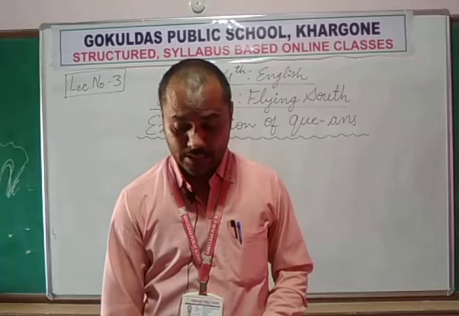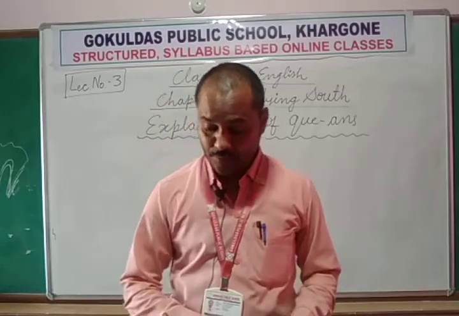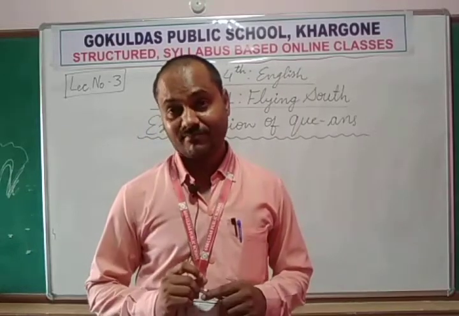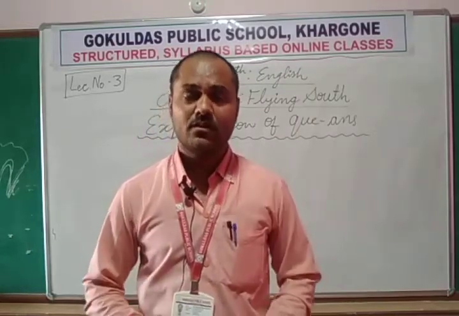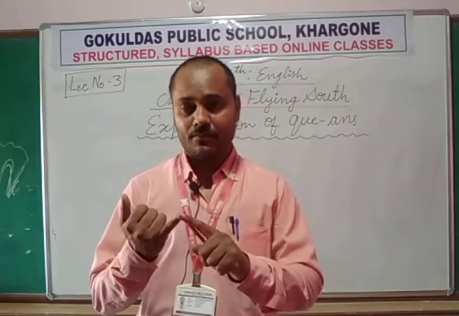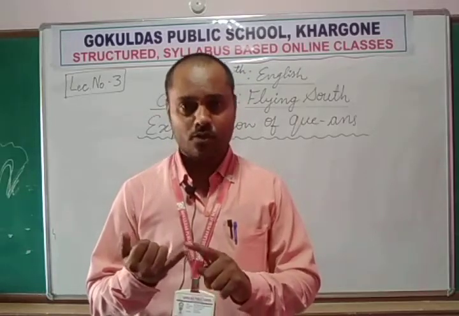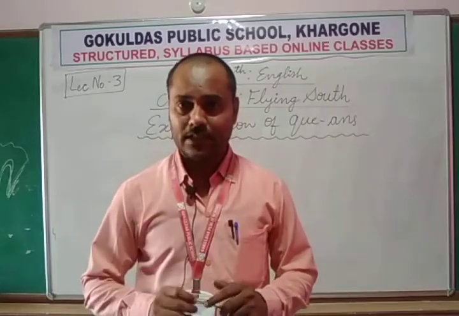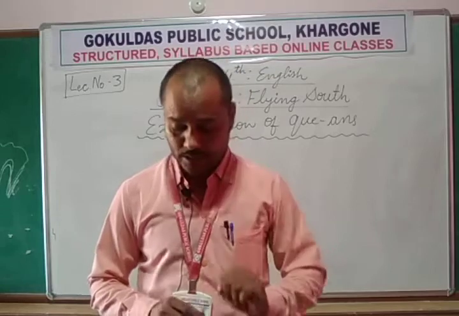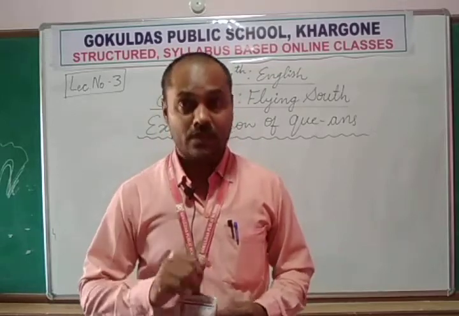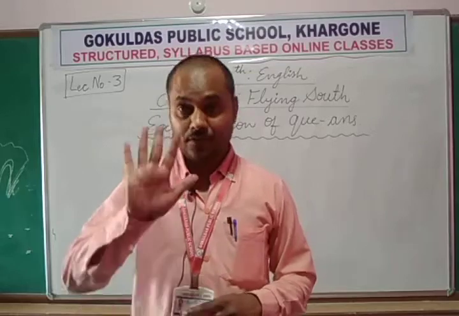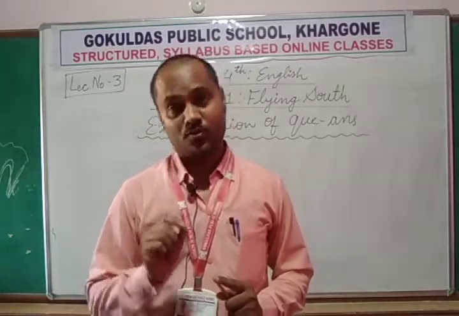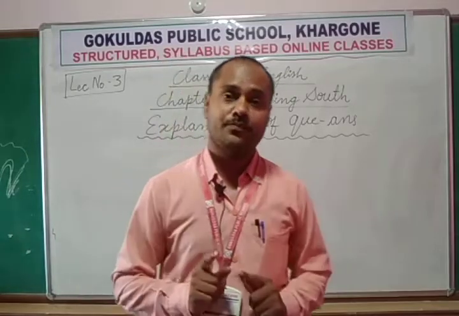How many characters are there in the chapter? If we see, there are, I think, 4, 5 and 6 characters. Character means persons. Just like one is Jim, second is Molly, these two are brother and sister, and their mother and father, two are they, these 2 and 2, 4 persons. Then the fifth one is a ranger, who comes at the end of the story, and the sixth one is the snow goose, on which this chapter is based.